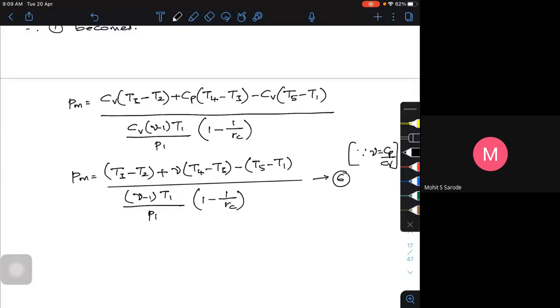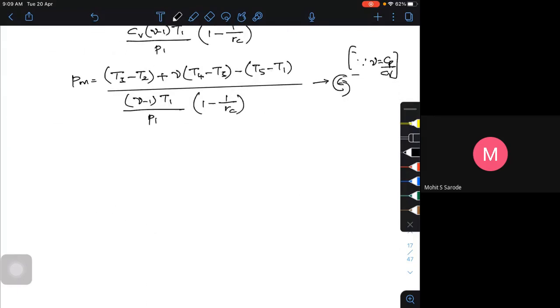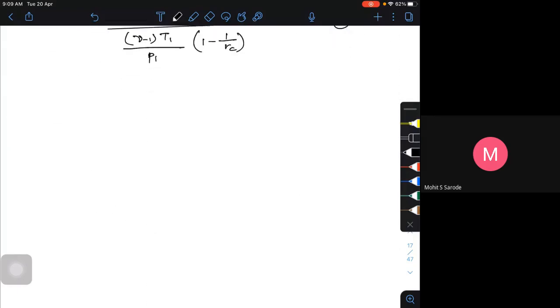So what we have now is the mean effective pressure equation in terms of temperatures, that is T1, T2, T3, T4 and T5. Already we have got the equations for temperatures. Substitute for T2, T3, T4, T5 and simplify this equation.